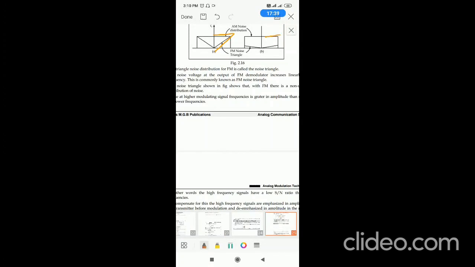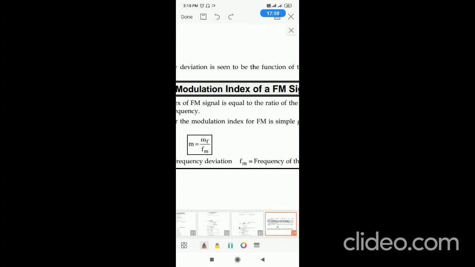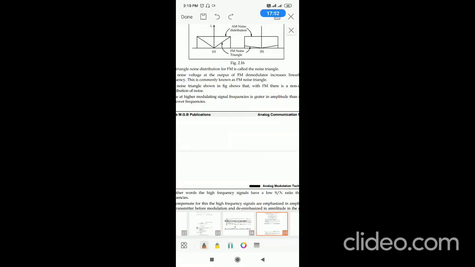Here it is also constant. These two are noise triangles only. This is also one triangle, this is also one triangle, but in this FM signal, figure A indicates one modulation index, B indicates another modulation index. So hence the noise distribution is in the form of a triangle.